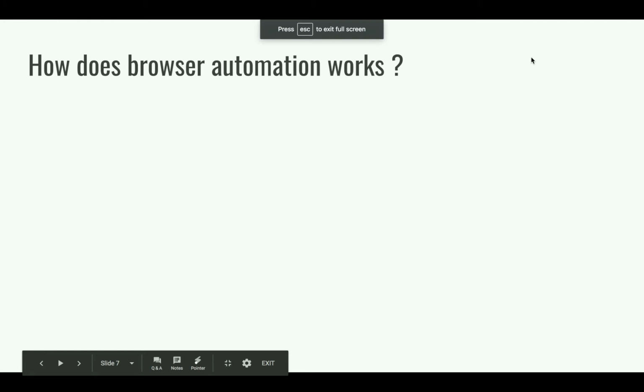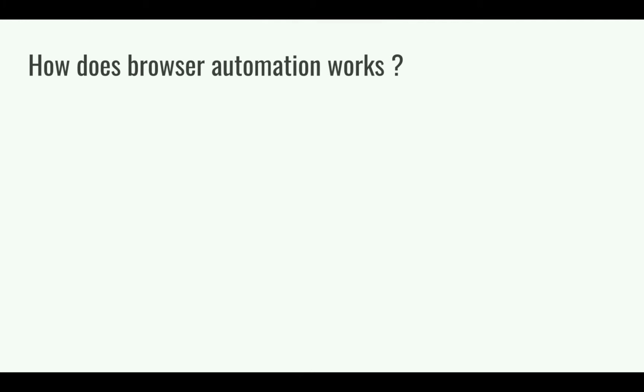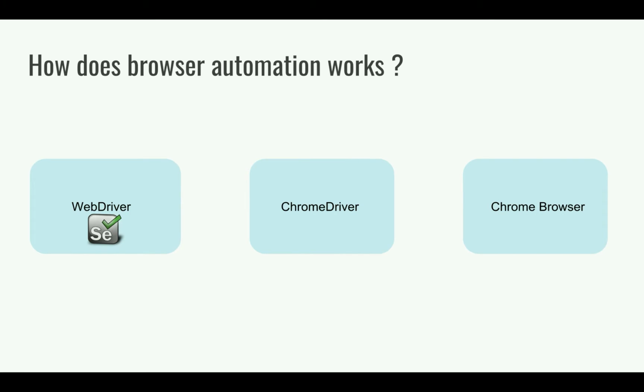Before jumping to Electron, let's see how browser automation works. Let's take an example: if you want to start Chrome and open Google on it, we need three things basically. First is WebDriver, then Chrome driver, and then the browser. What is WebDriver?